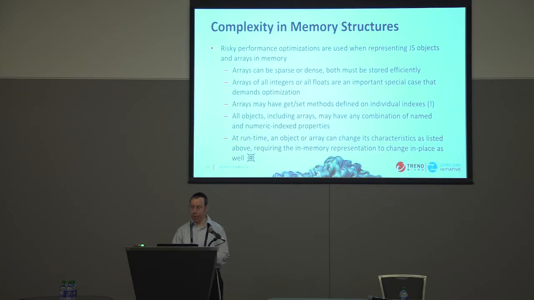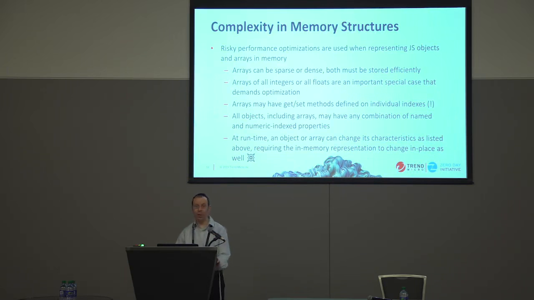Furthermore, JavaScript allows arrays to define get and set methods on specific indexes, meaning that custom JavaScript methods will be invoked when those particular array indexes are accessed. And all JavaScript objects, including arrays, are allowed to have any combination of named and numeric indexed properties.